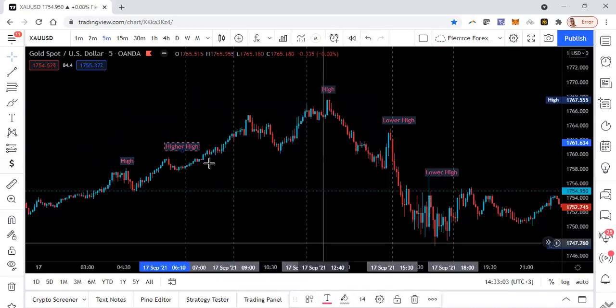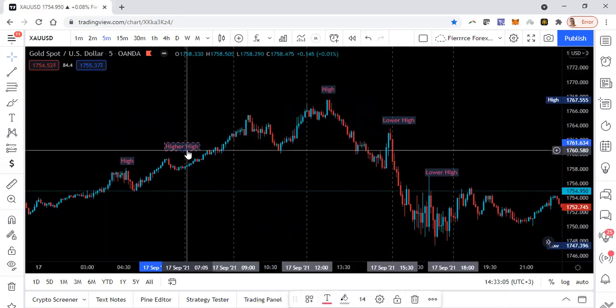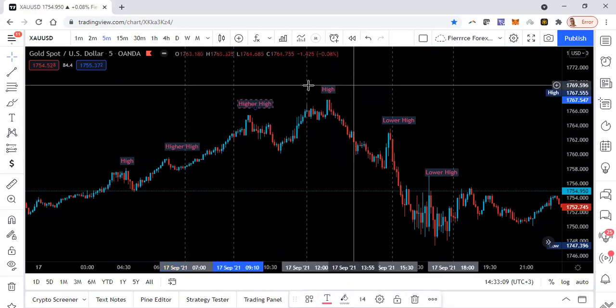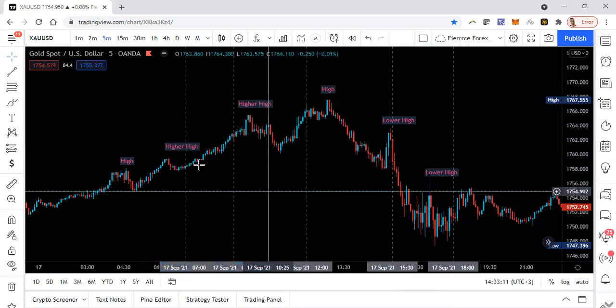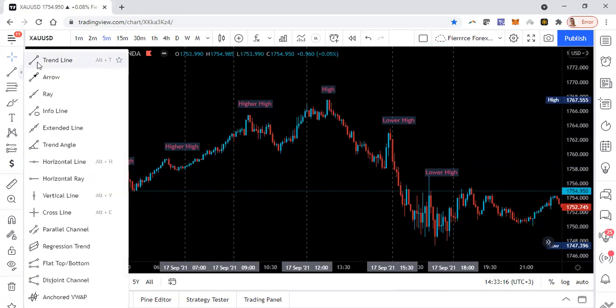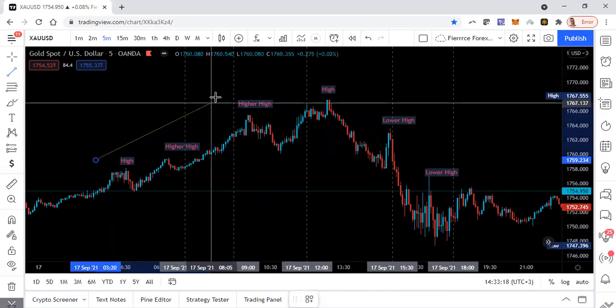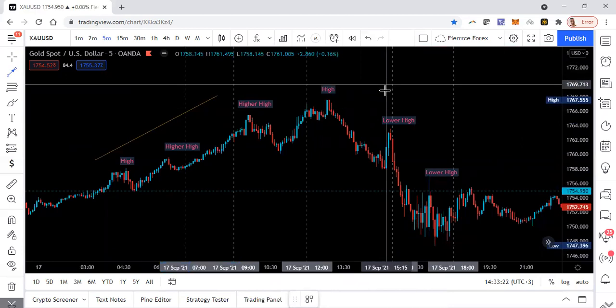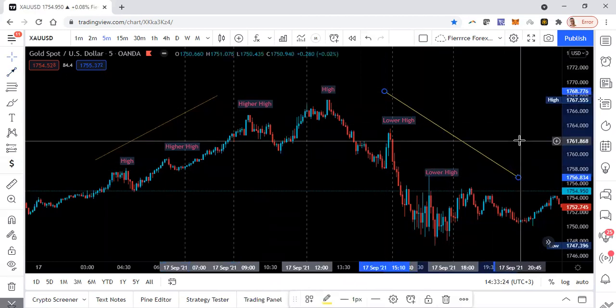And then we see yet another higher high until we get to the very high up here. So this is an uptrend. When we are moving to the upside, all we are seeing is higher highs being formed. When we are moving to the downside, all we are seeing is lower highs being formed.